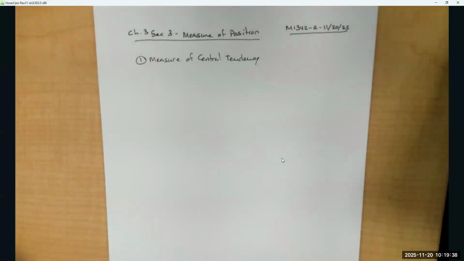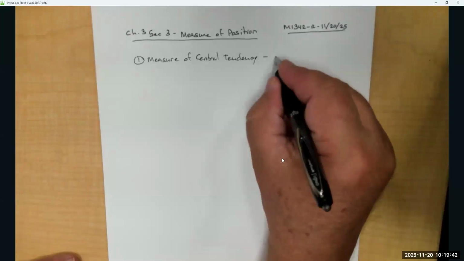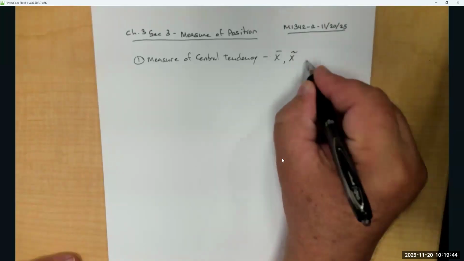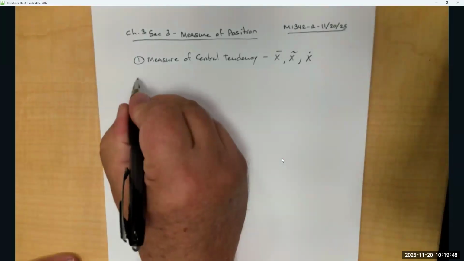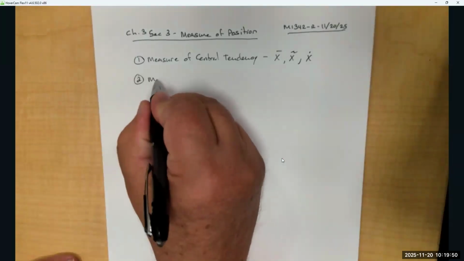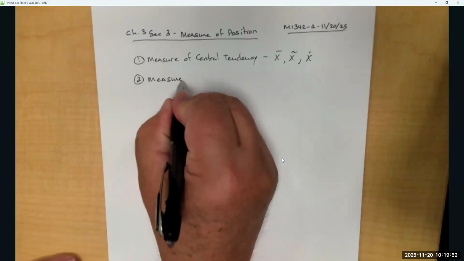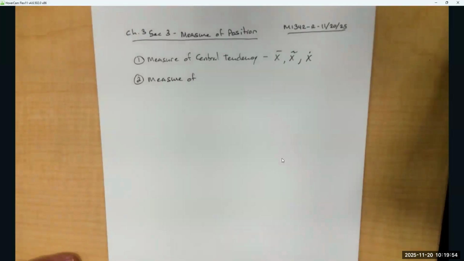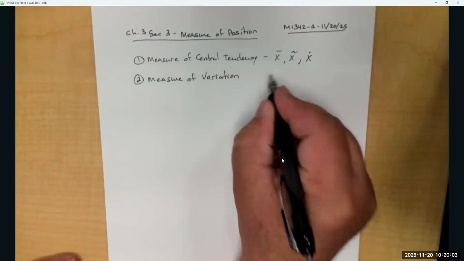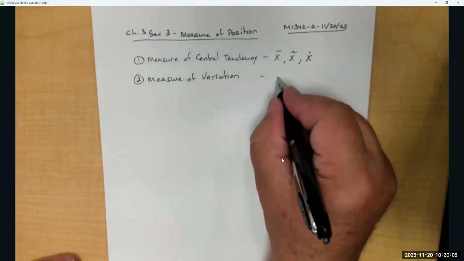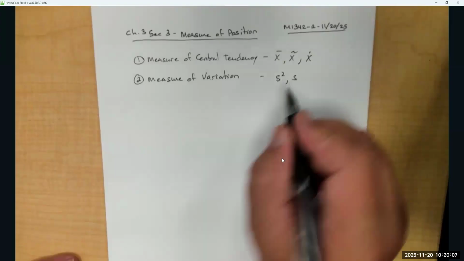Measures of central tendency: mean, median, and mode. Then we went to where? Measure of what? Very good. Variation. How is your data centered about that? And that was your variance and your deviation.